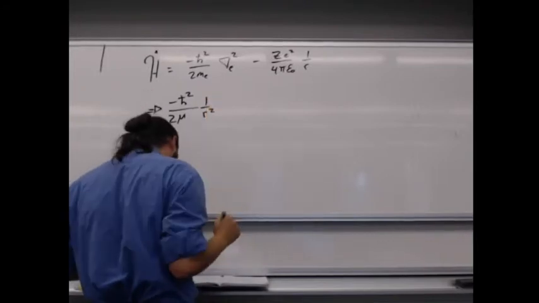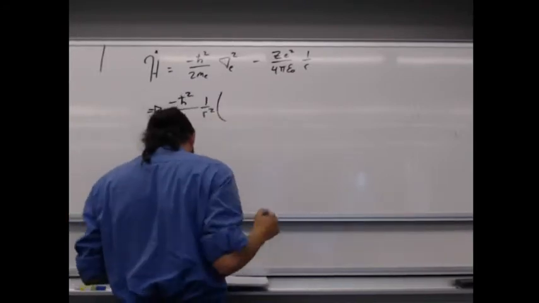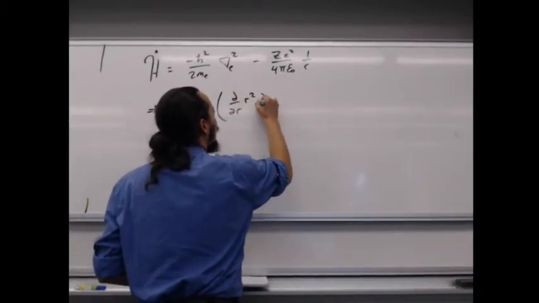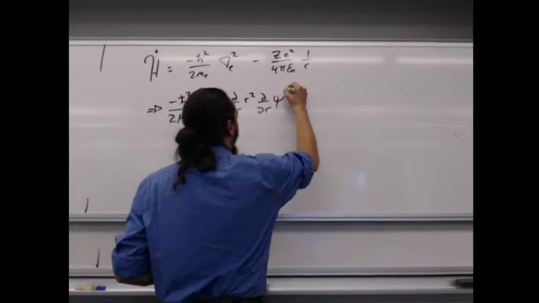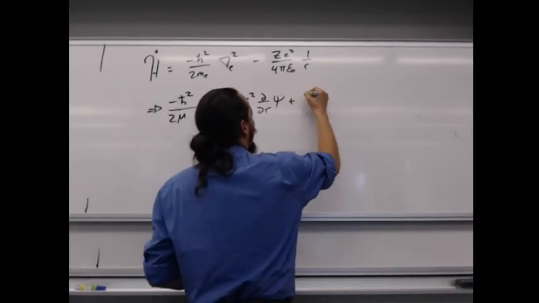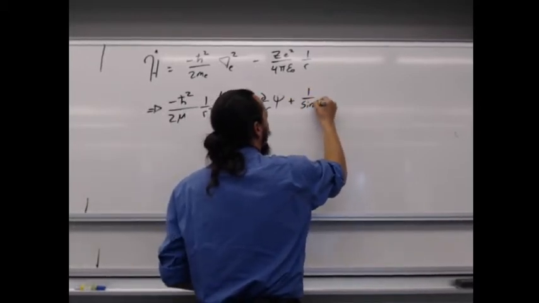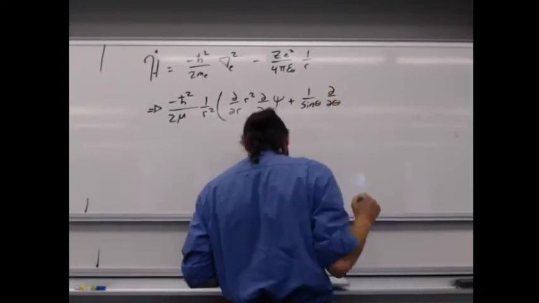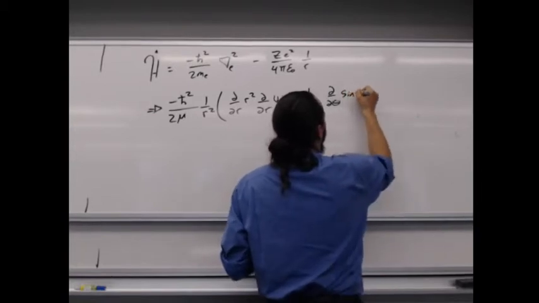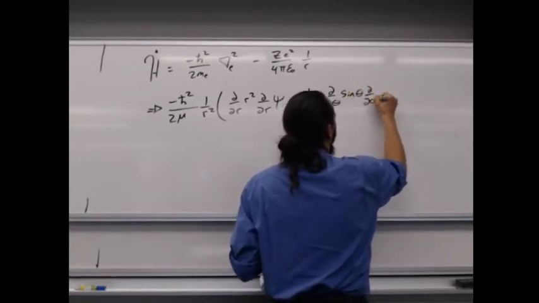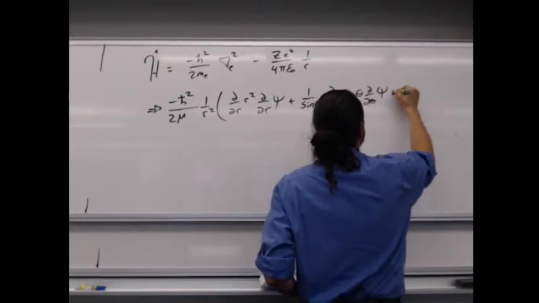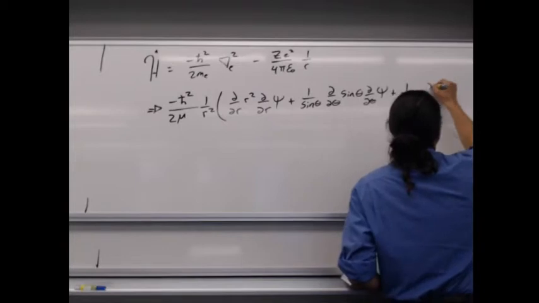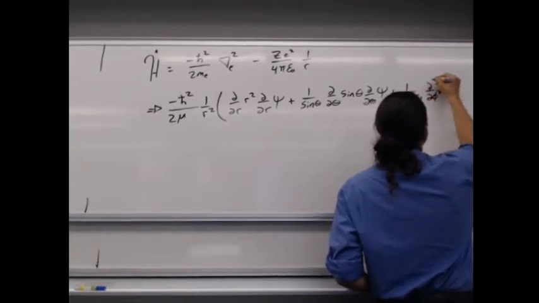1 on r squared. Okay, here we go. d by dr, r squared, d by dr on psi, plus 1 over sine theta, d by d theta, sine theta, d by d theta of psi, plus 1 over sine squared theta, d squared by d phi squared psi.